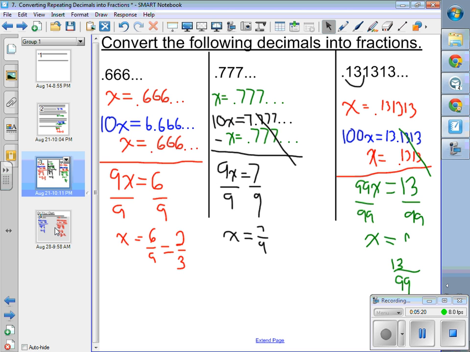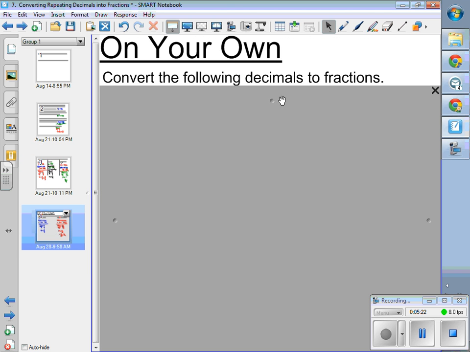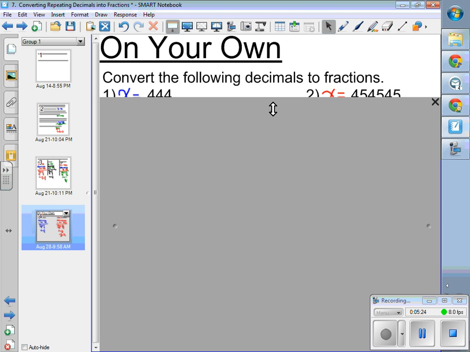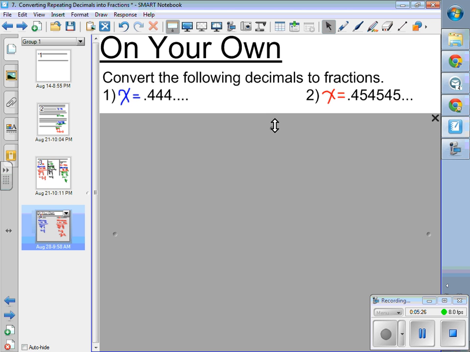Now these two are supposed to be on your own. You're converting these two decimals to fractions. To eliminate some of my writing before, I just set these equal to x here. So you would start off with 0.444, etc., and you're converting that, and 0.4545, etc., and you're converting that.